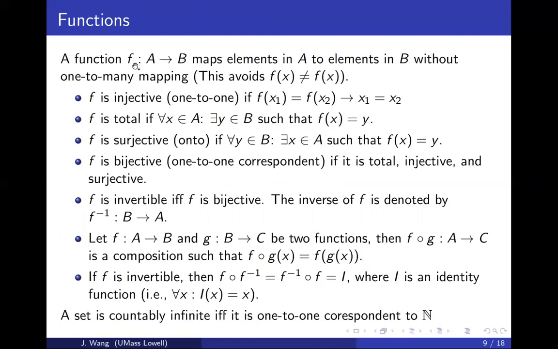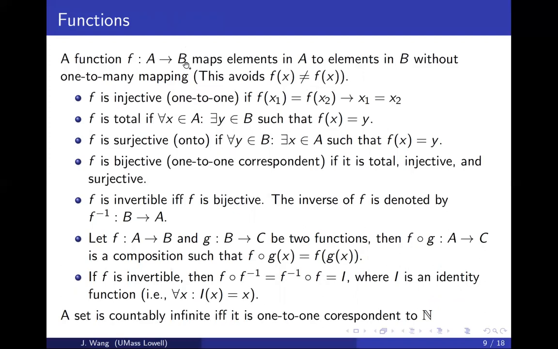A function is a mapping that maps an element in A to an element in B, but without one-to-many mapping. That means you cannot map one element in A to multiple elements in B.